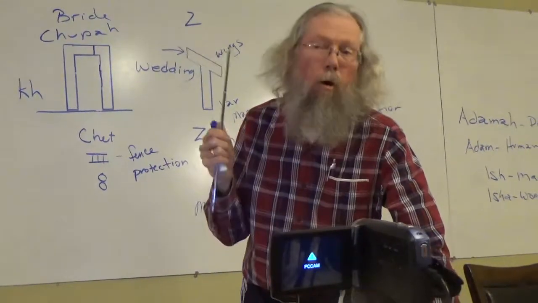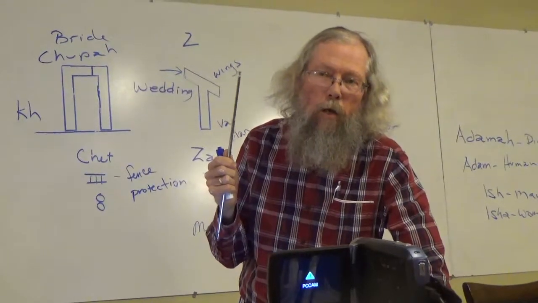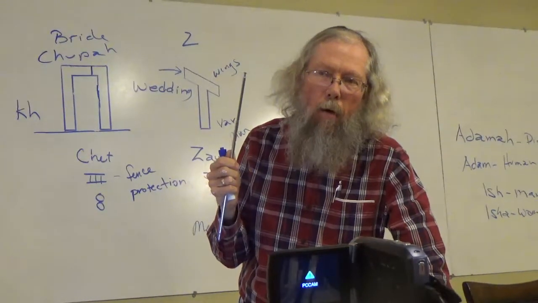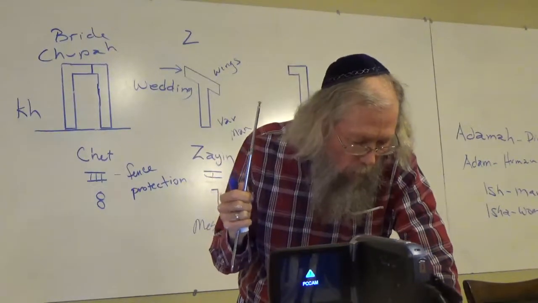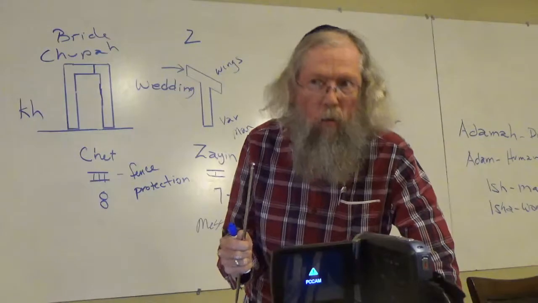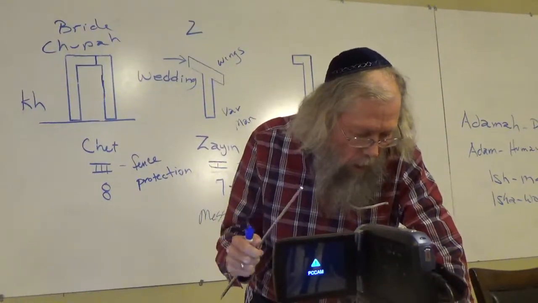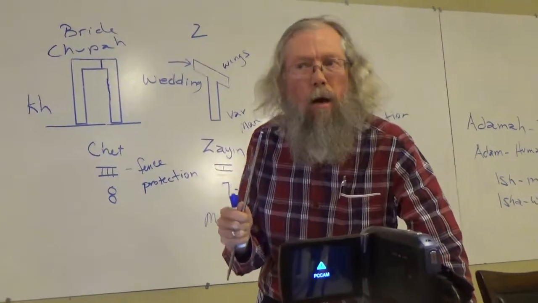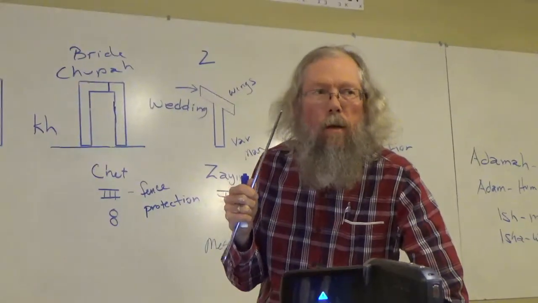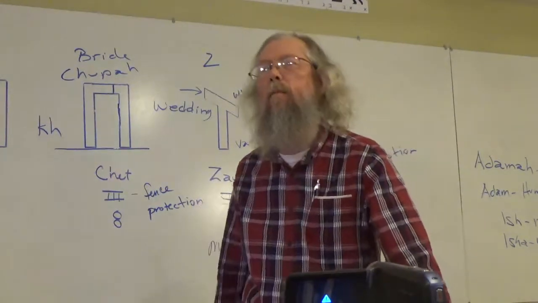For this reason, notice the verse that he quotes here from the book of Reshit, from the book of Genesis, when God creates Adam and Chava. For this reason, a man shall leave his father and mother and be joined to his wife. What is that? It is the sexual union, and the two shall become one flesh. This is a great mystery, but I speak concerning Mashiach and the assembly.